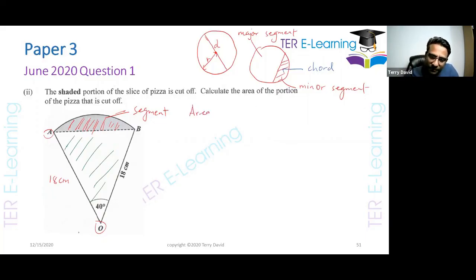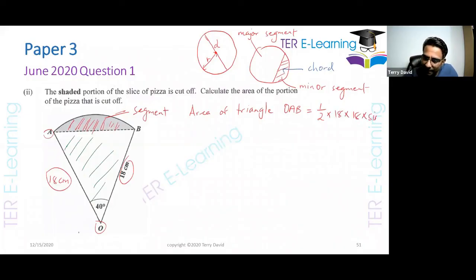So the area of the triangle, let's call it OAB, is equal to, so this is what the formula is. It's a half multiplied by my two sides, which is this 18 and this 18. So it's a half by 18 by 18 by sine of my angle, which is 40 degrees.